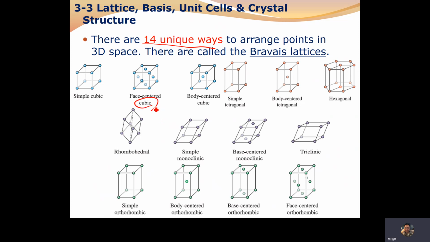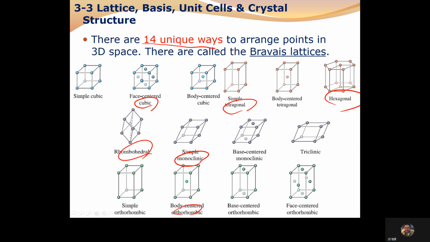One is cubic, tetragonal, hexagonal, monoclinic, rhombohedral, orthorhombic, and so on.